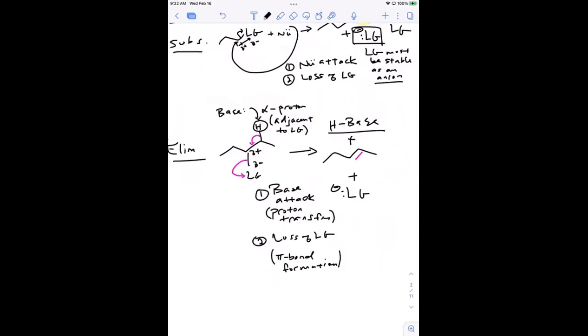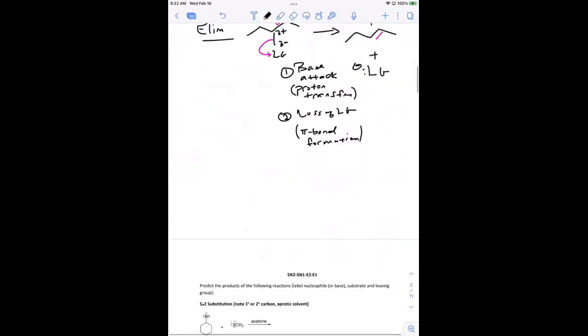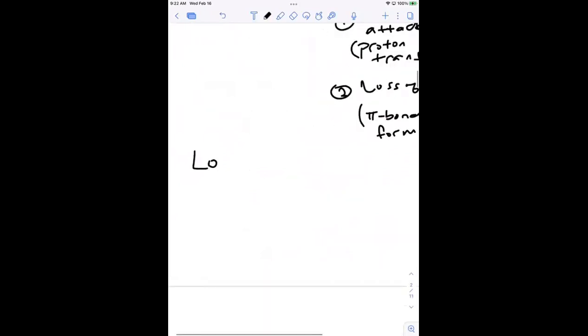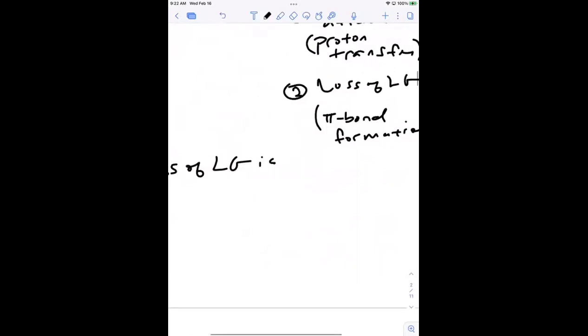So that's a big step. In some cases, it's going to be the rate determining step. In other cases, it won't be. If it's unimolecular, let me just write it out: loss of leaving group is common.